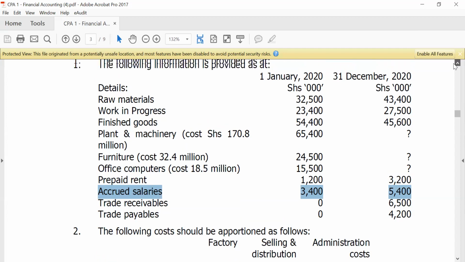So from our balances here, we have the opening balance for accrued salaries, and then the closing balance. This is our balance brought down, which is 3,400. Now this 3,400 is a liability because it is accrued. Basically, the organization is being demanded by the staff.